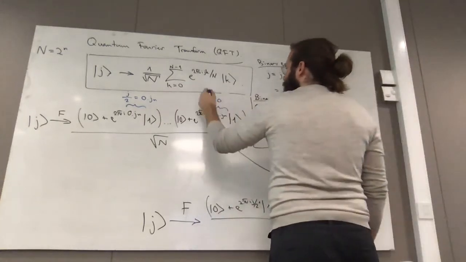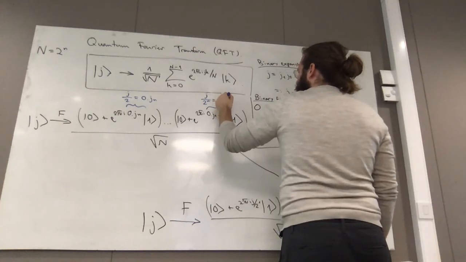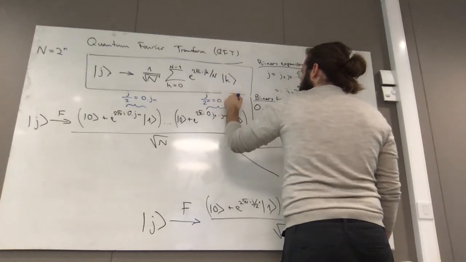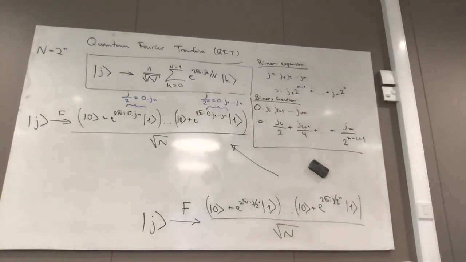So j divided by 2 to the power n is 0.j1 dot dot dot jn. Okay, I see your point. So it kind of makes sense to me, but not entirely. Because what's the difference between that and that?